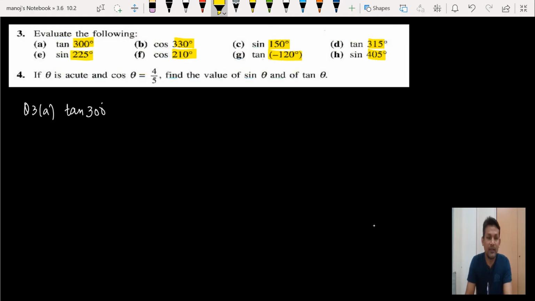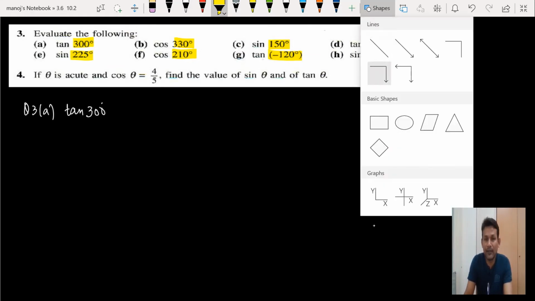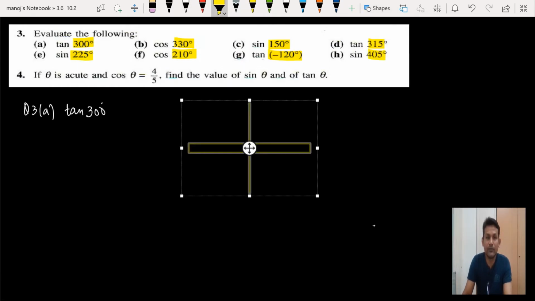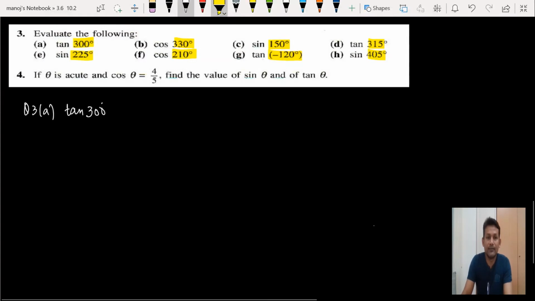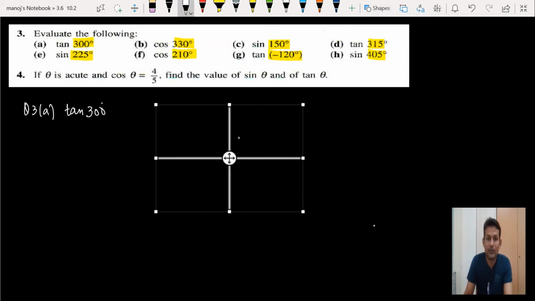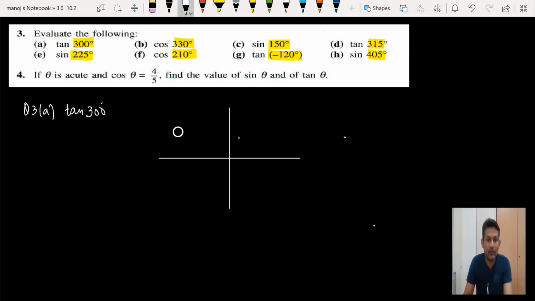For the basic angle of this 300, let me sketch it a little bit. This 300 will lie in this quadrant.